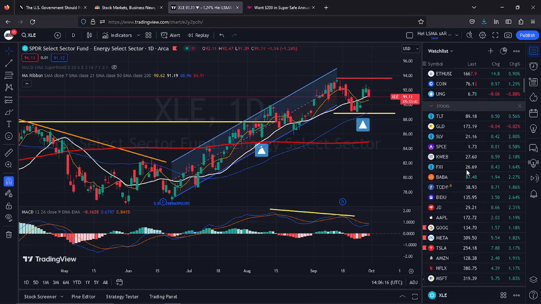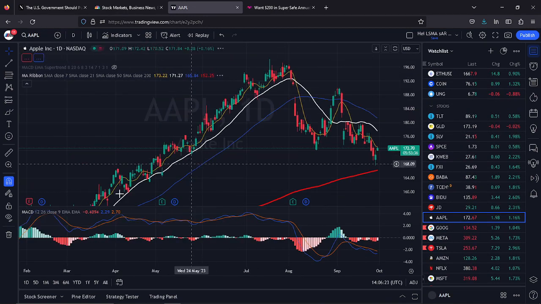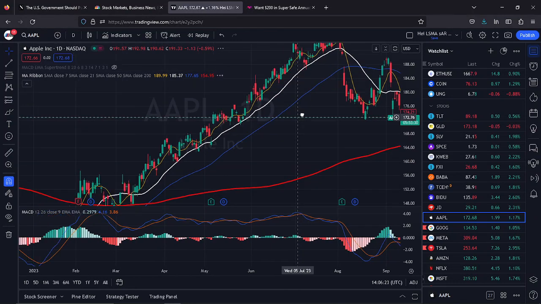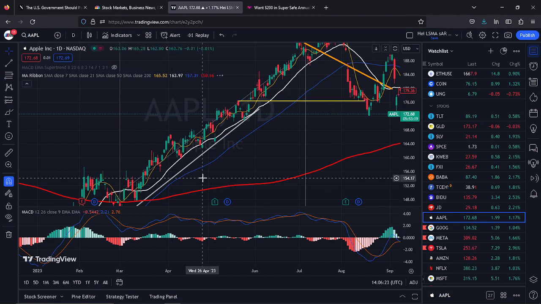Just like what I was saying yesterday, I was dissecting Apple on this nice trend since the beginning of the year, and you would have banked out a 40-point gain at 3 times the positions.